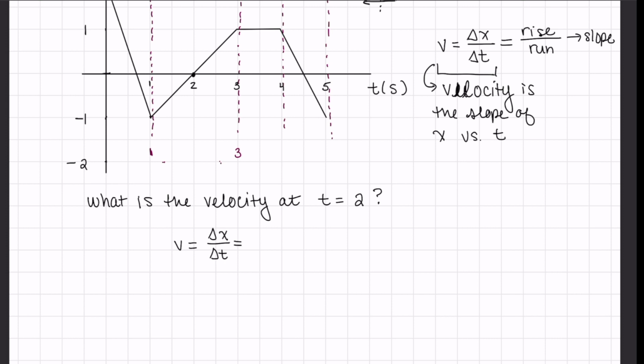And if we think about this in terms of how you would write slope values, you're just going to pick 2 points, not x1 in the bottom, t1 in the bottom. You're going to pick 2 ordered pairs and then use those to find the slope.